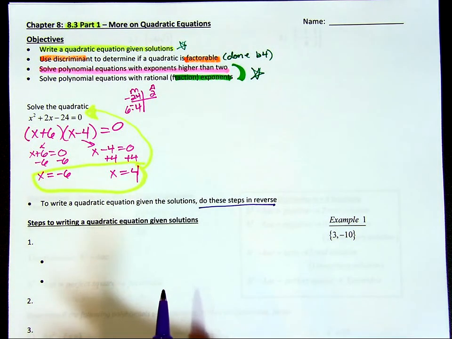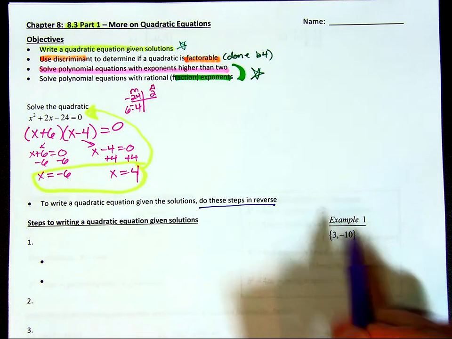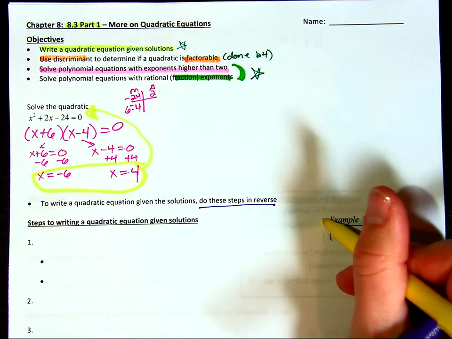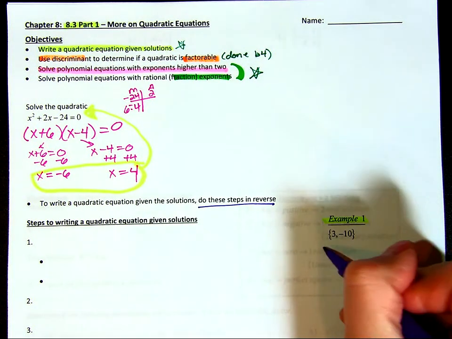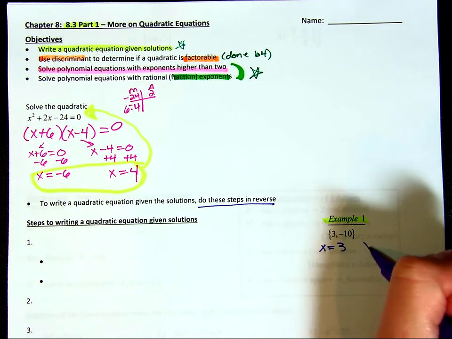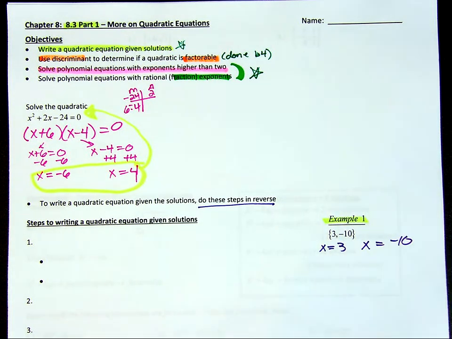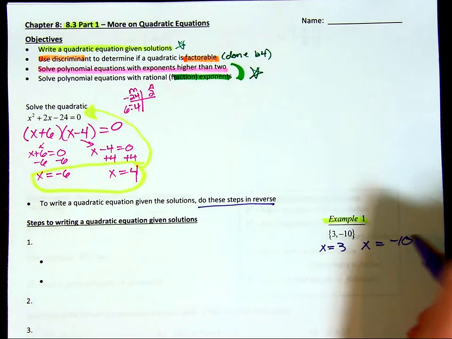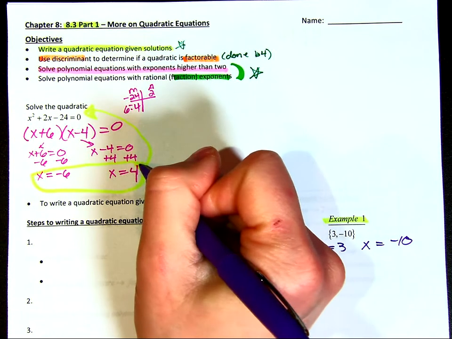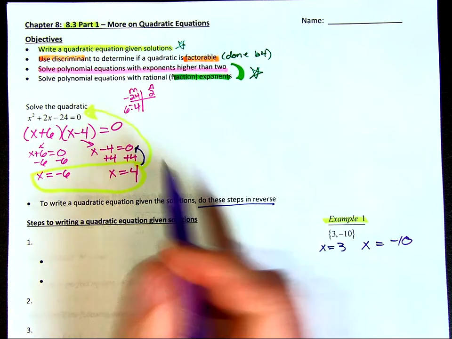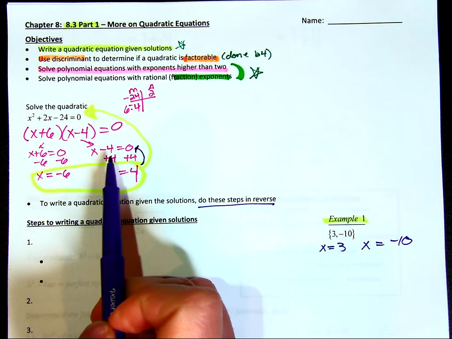To write these, you're really just going to do these steps but in reverse. So step 1: we're going to do an example as we go through it. If we look at 3 and negative 10 as my solutions, isn't that really saying x equals 3, x equals negative 10, just like what our last step was here? Well, before that, we had to have something equal to 0, right?